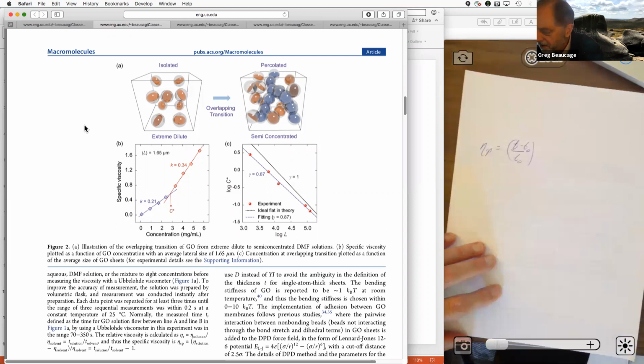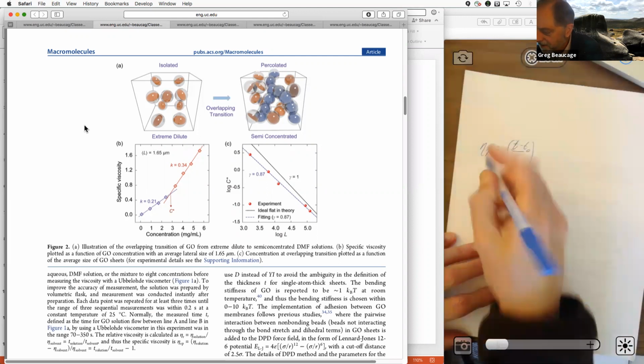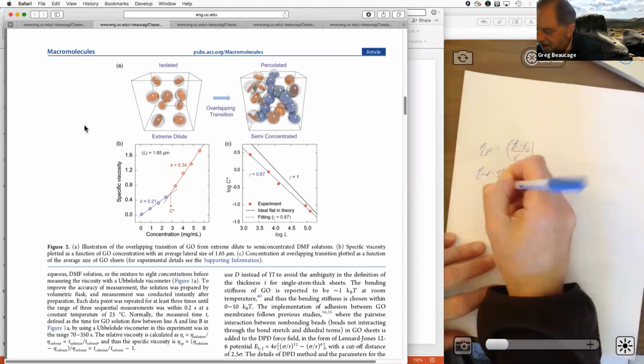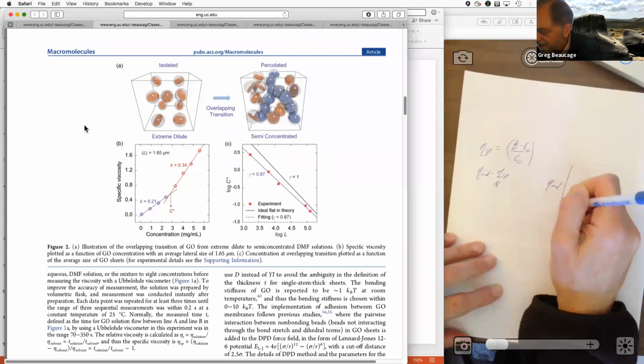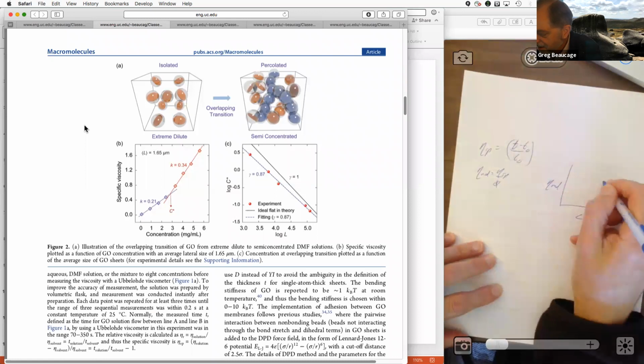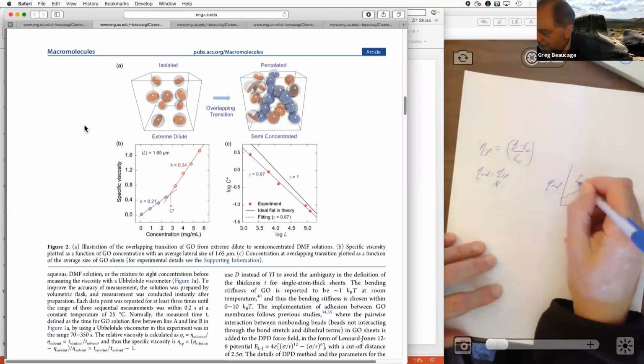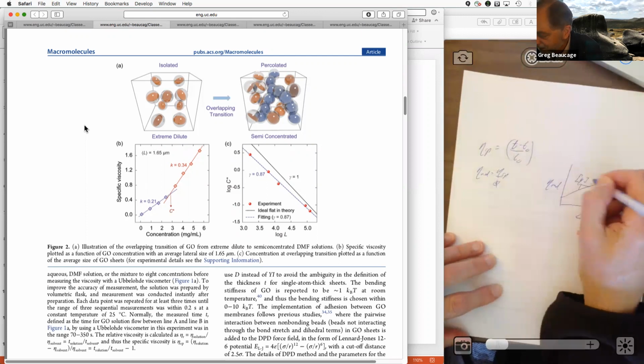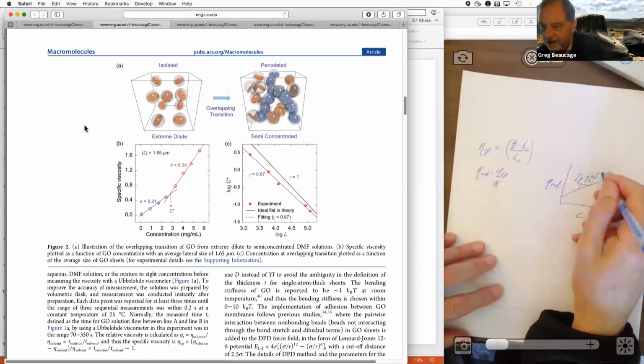And then the reduced is the specific over the concentration. You're going to plot the reduced versus concentration. And the slope of this is the intrinsic, which has units of milliliter per milligram. It's got units of inverse concentration.